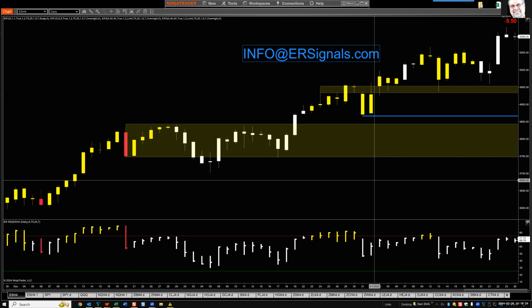It's green because the close is higher than the opening, and red because it closes lower than where the opening was. It doesn't say anything at all about whether the close was higher or lower than the previous day's closing price.